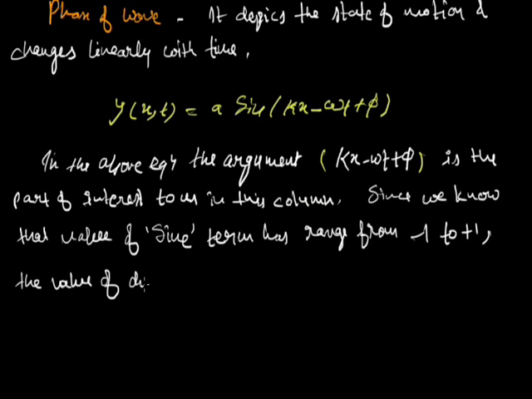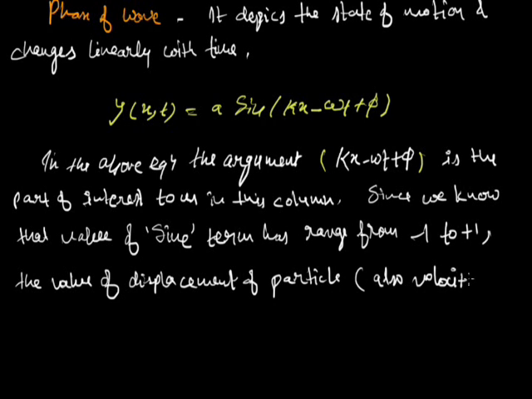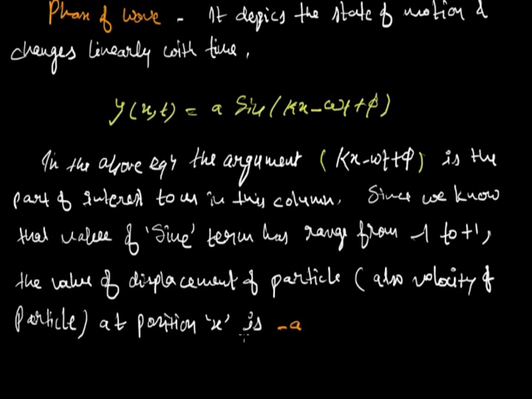The value of displacement of particle also velocity of particle at position x is -A for sin(kx minus omega t plus phi) equals 1. Sin(kx minus omega t plus phi) equals -1.